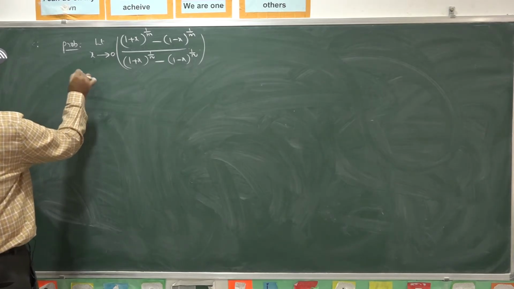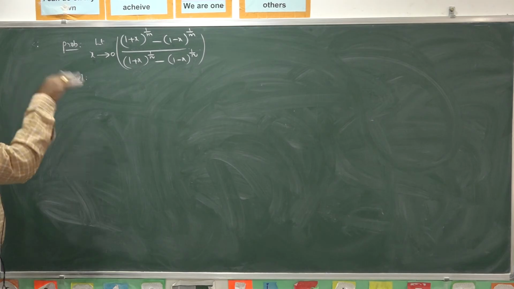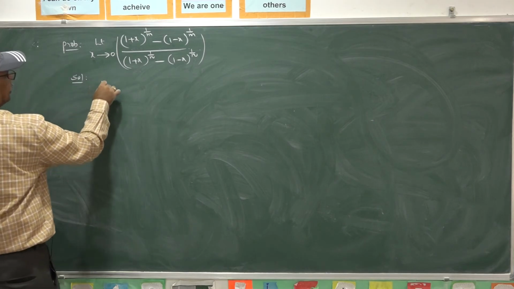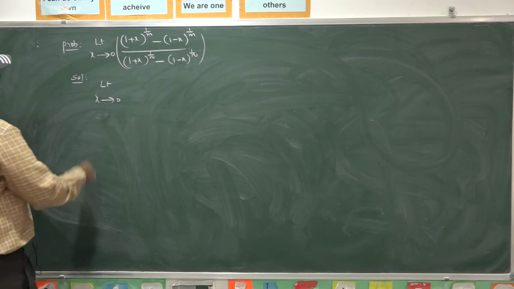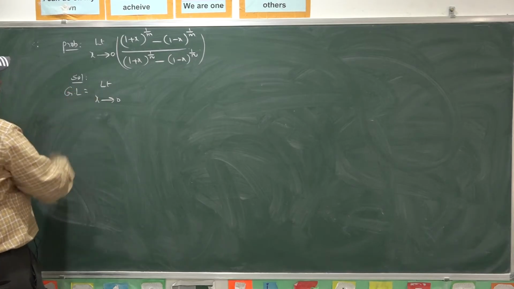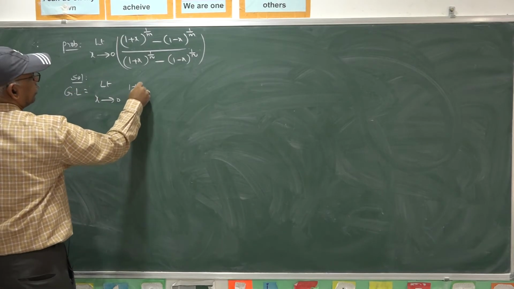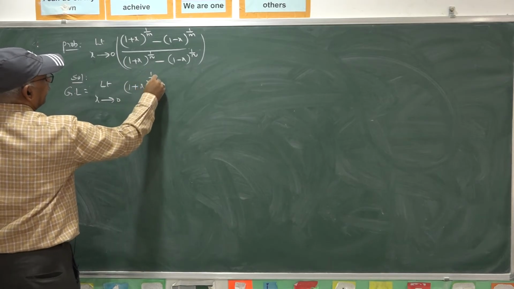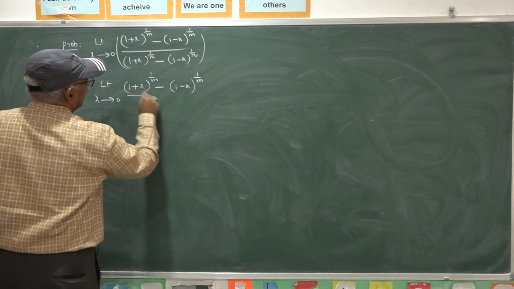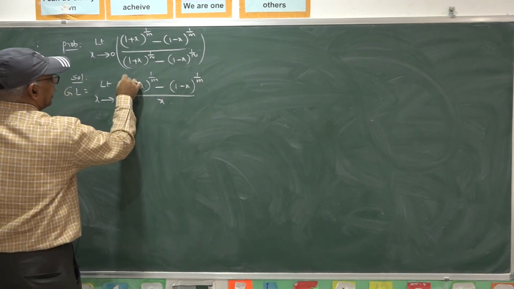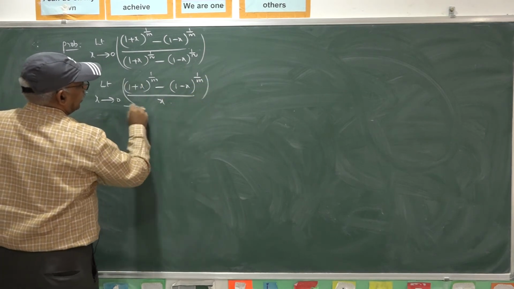So, to avoid that indeterminate form, you can reduce this to the previous problem form. The given limit is (1 plus x) whole power 1 by m minus (1 minus x) whole power 1 by m by x, dividing the numerator with x.